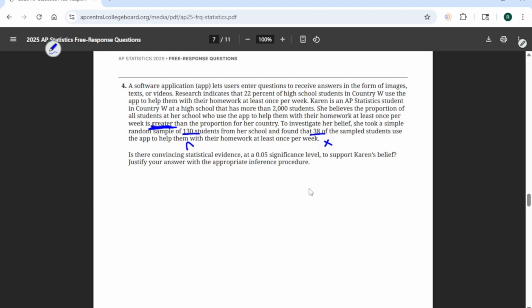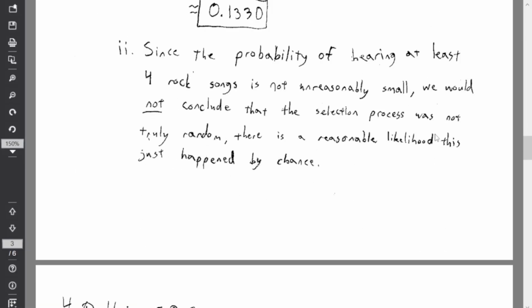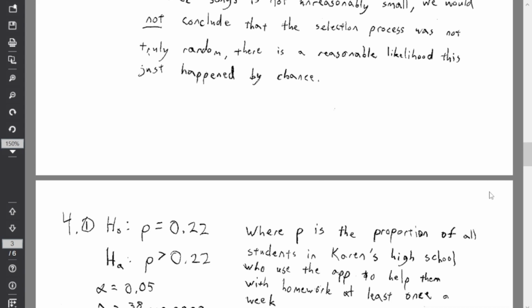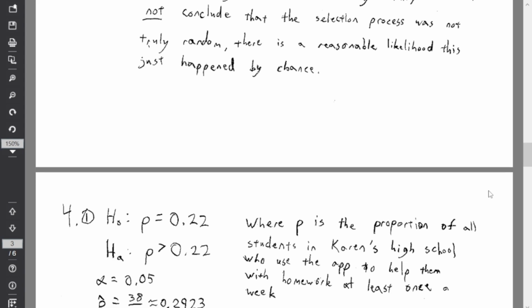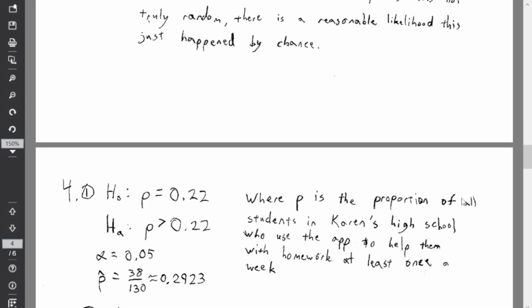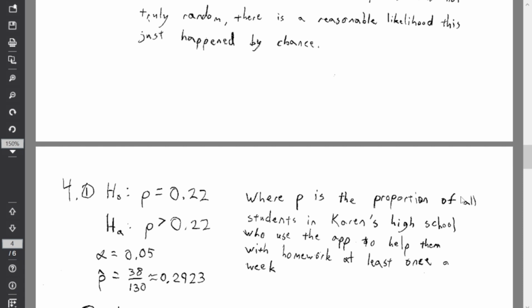So this will give us our p hat. So you'll notice that it's a 1 proportion, because we are looking at this 1 proportion and comparing it to the national amount. So our null hypothesis is that p is the 0.22 that we got from the country. The alternative is that p is greater than 0.22. We're using an alpha level of 0.05. That's what the problem told us to use. And I went ahead and put the p hat in there.